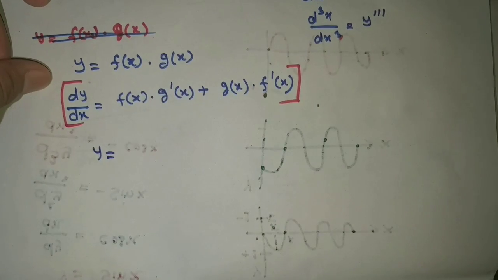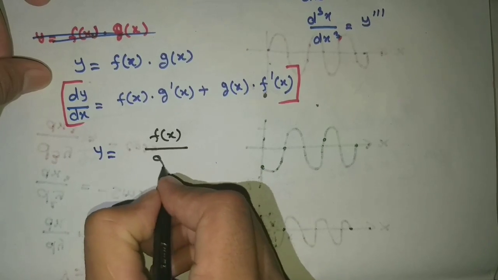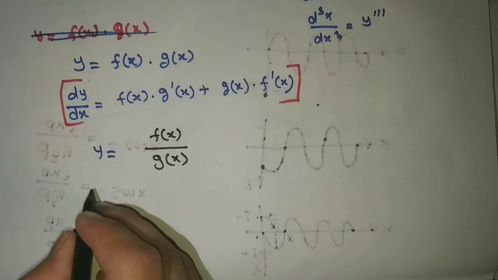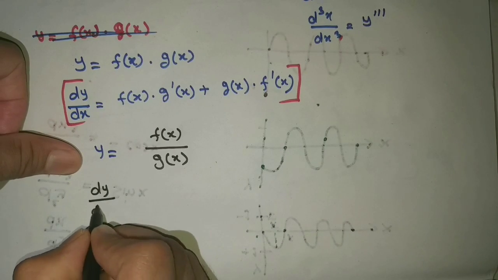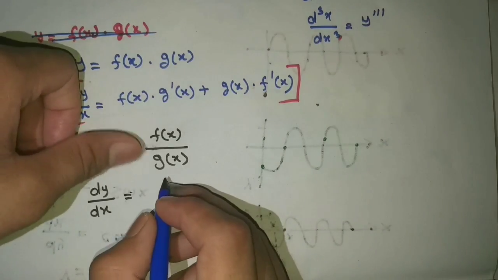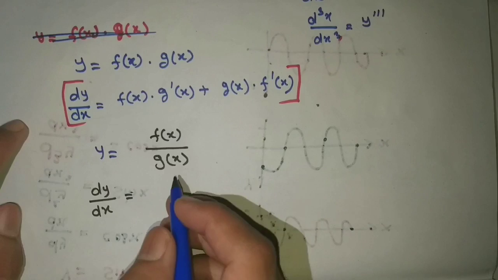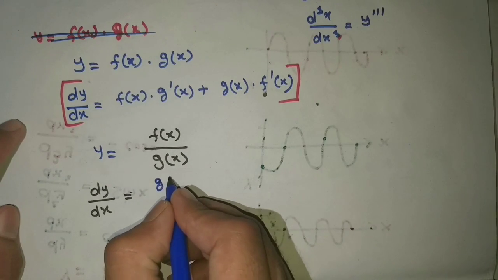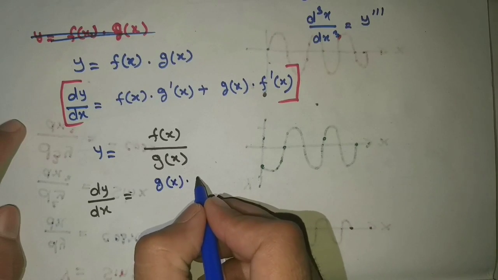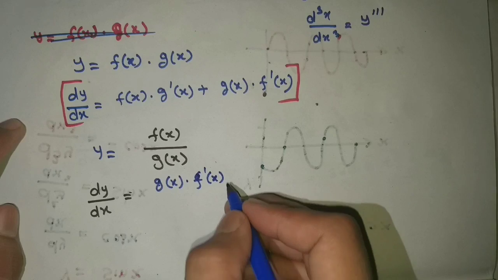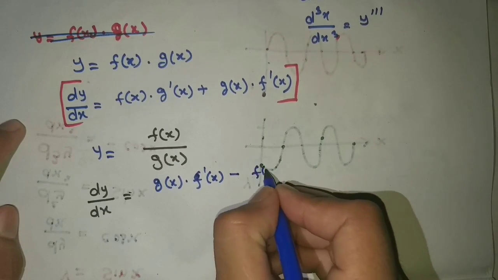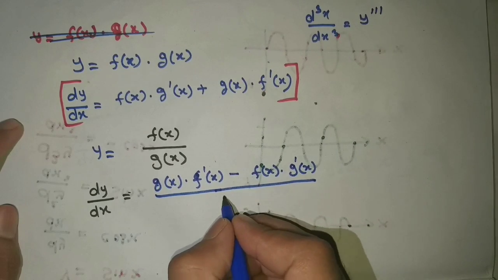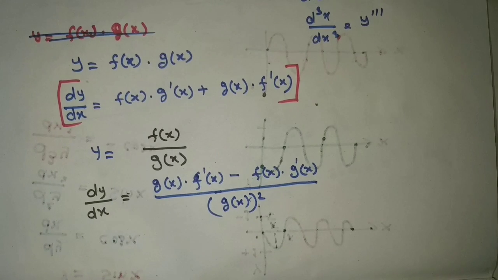Now if I say y is equal to f(x) over g(x), then dy over dx is equal to: if this is the first function and this is the second function, the second function into the differentiation of the first function with respect to x, minus the first function into the differentiation of the second function with respect to x, upon g(x) whole square, the square of the second function.